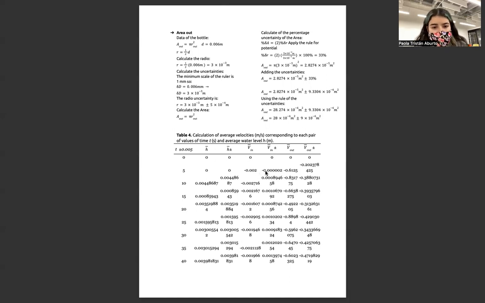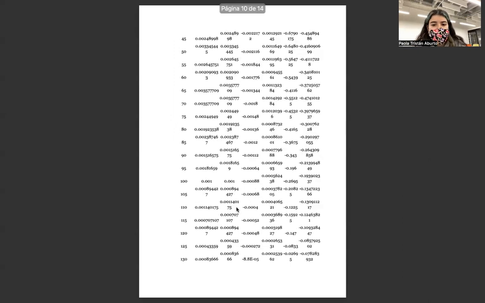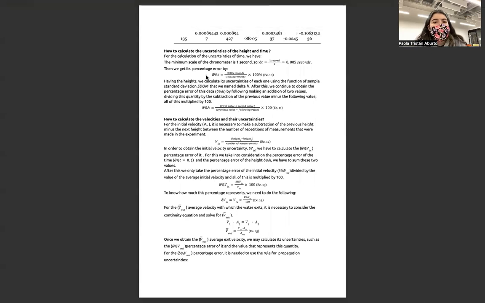After this, we have table 4, which is a calculation of the average height and velocities with its uncertainties. And for calculating these velocities and its uncertainties, we first have to calculate the height and the uncertainties of height and time. So we take the minimum scale of the chronometer, which is 1 second. So we have 0.005 seconds.